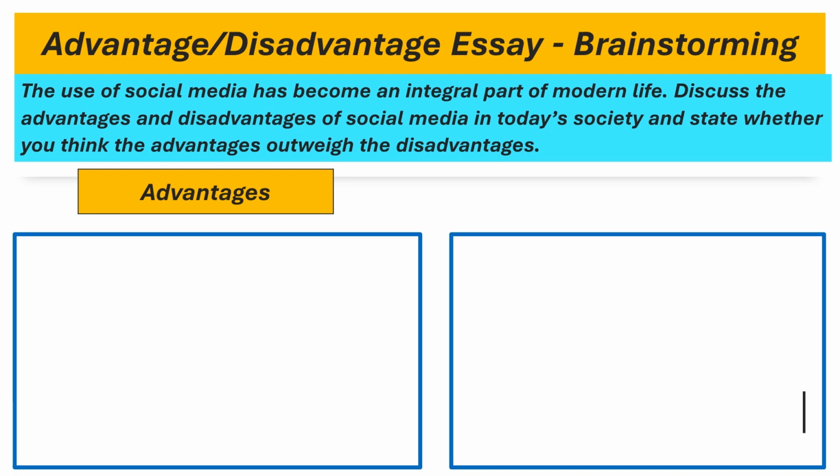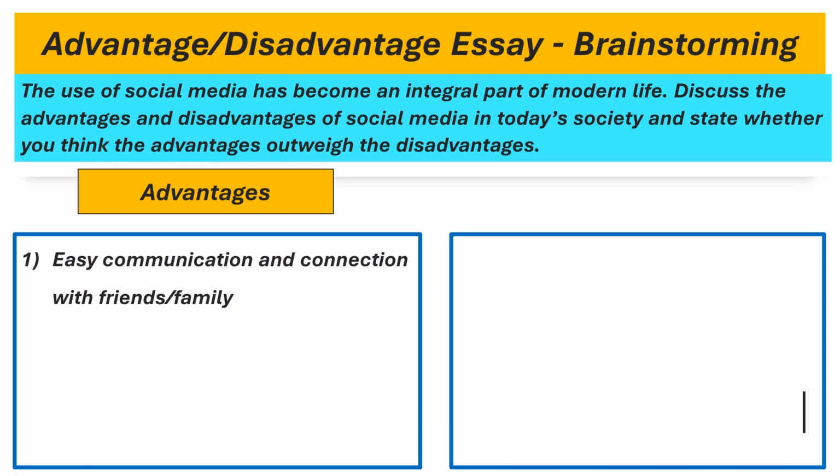We know that social media has transformed communication, allowing people to stay connected no matter where they are. So the first point can be easy communication and connection with friends and family. Social media allows people to connect across distances instantly and makes communication more efficient and accessible.